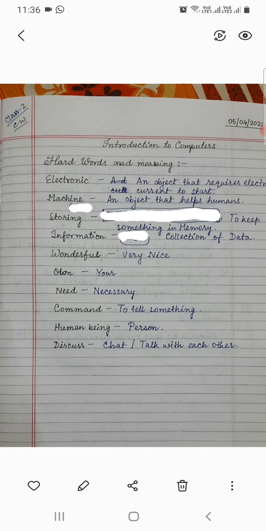Next, what we have, information. That means collection of data. Next, wonderful. That means very nice.